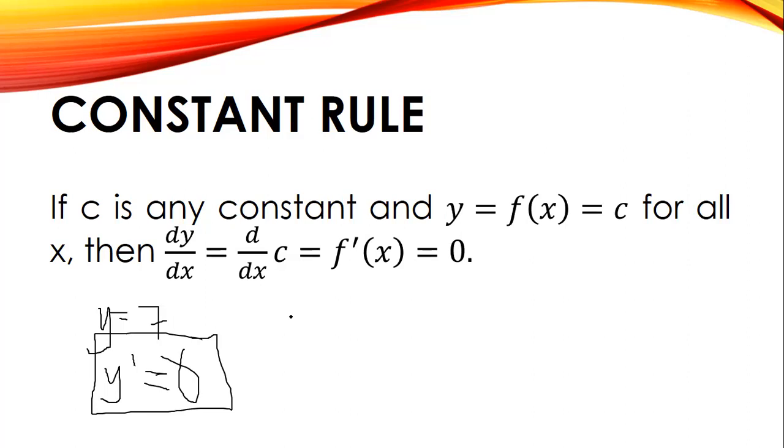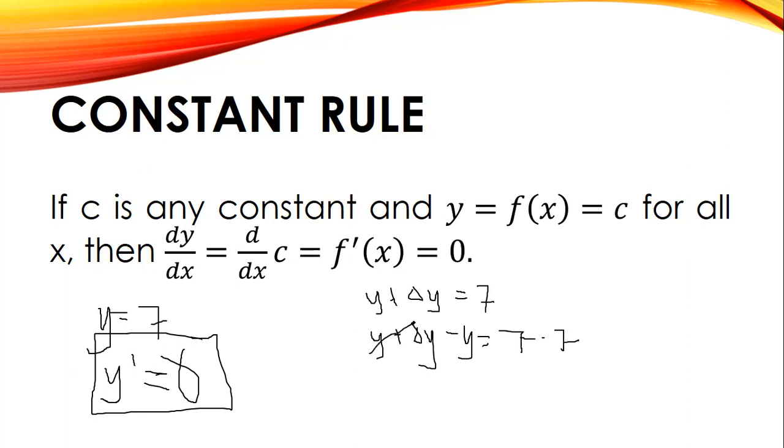So, if we will be using the delta method, mag-add tayo ng y plus delta y pero wala tayong i-add na x plus delta x. So y plus delta y equals 7. Wala tayong mai-add na delta x. After this, we will be subtracting both sides by the given equation, y plus delta y minus y equals 7 minus 7.